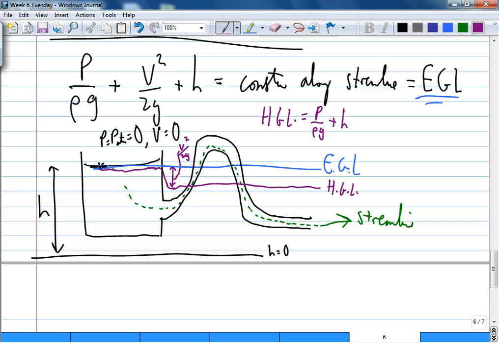Okay? The question in front here is why it drops here. Actually, the drop is a little bit earlier. Okay?